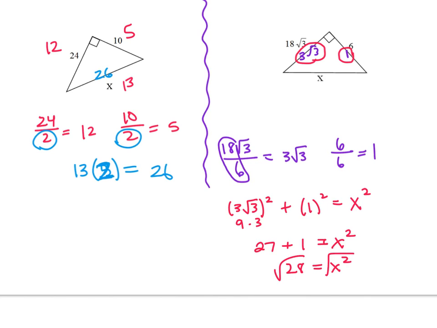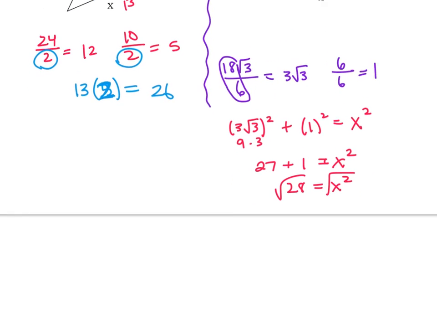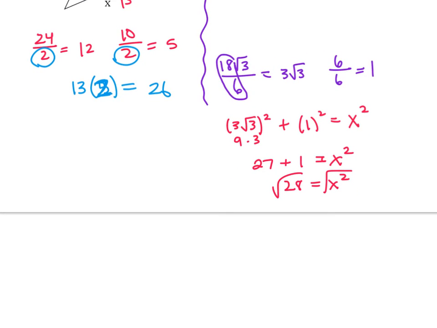Square root both sides, and we're going to have to reduce this. What perfect square number fits into 28? 4 fits in 7 times. So x is equal to 4 times the square root of 7. So here's where it just gets a little bit tricky.